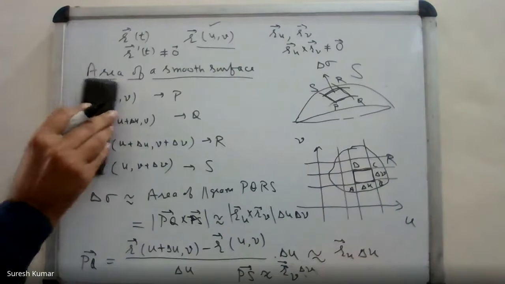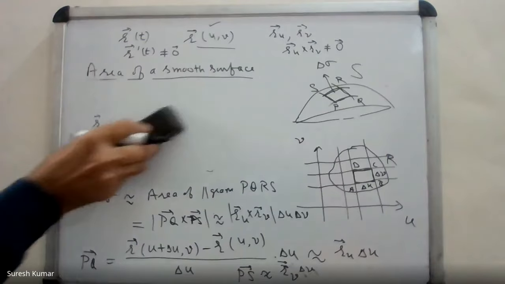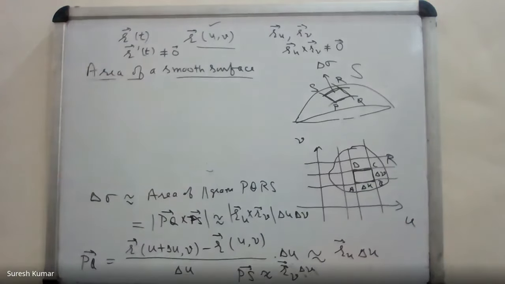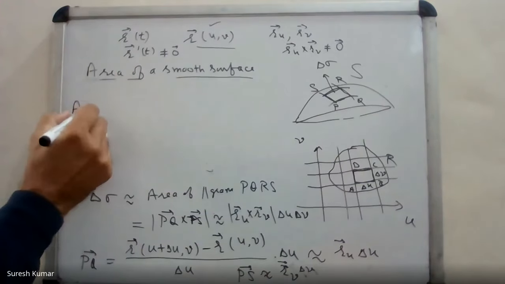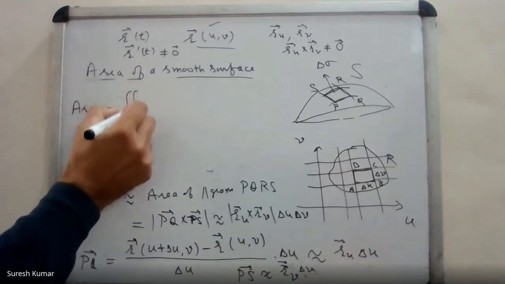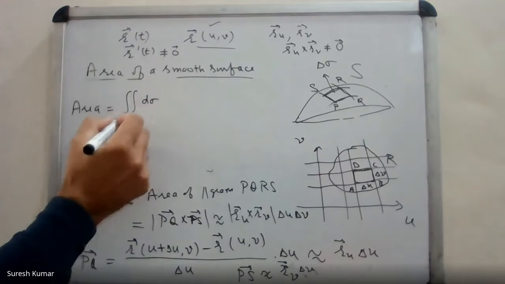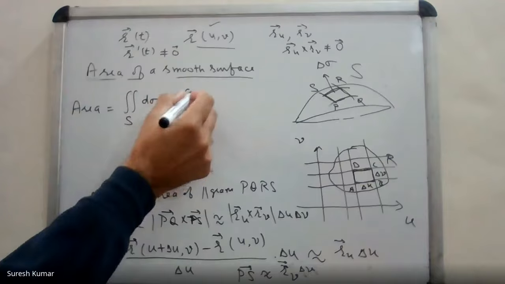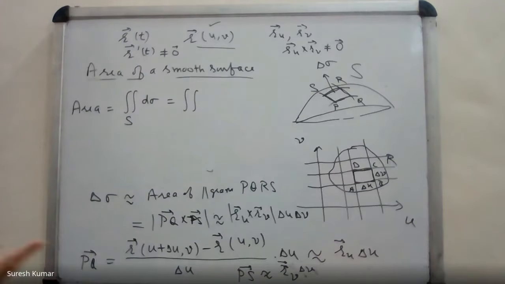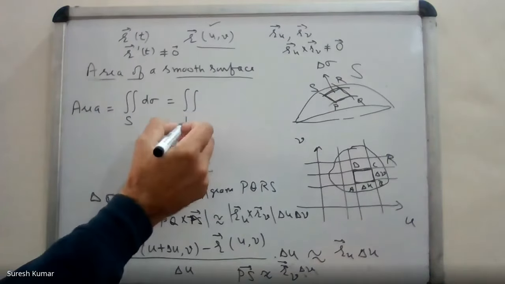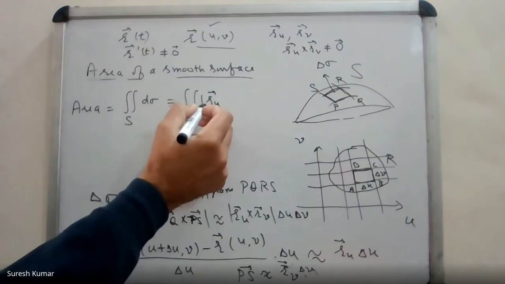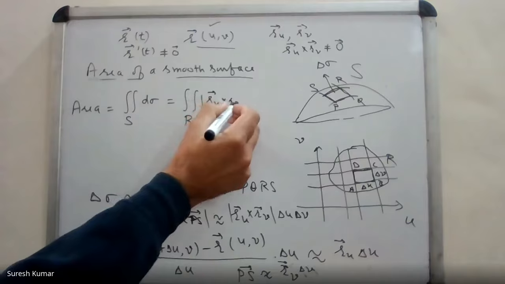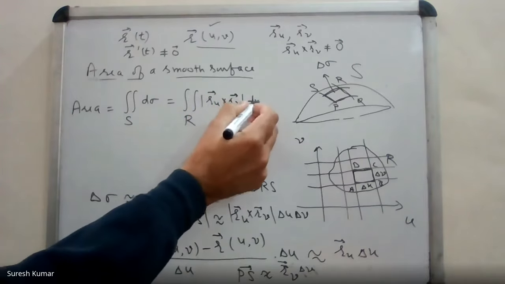If I sum up all these over the surface, what do I get? The area of the surface in the limit as delta u, delta v go to 0. So the area of the smooth surface is symbolically given by this. And what is the working formula? If you parameterize the surface by R(u,v), then the area is the double integral over R of the magnitude of R_u cross R_v du dv.